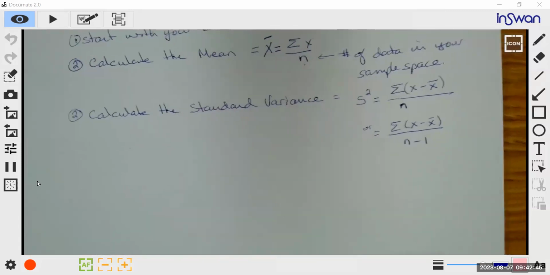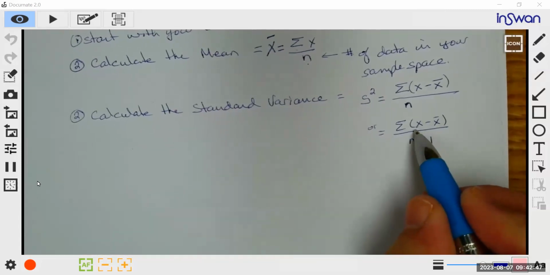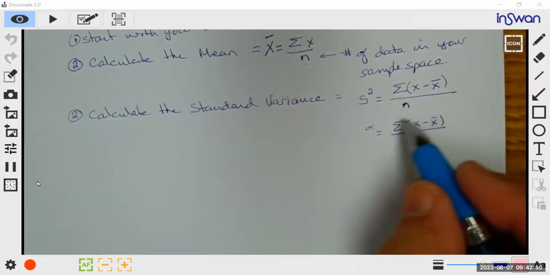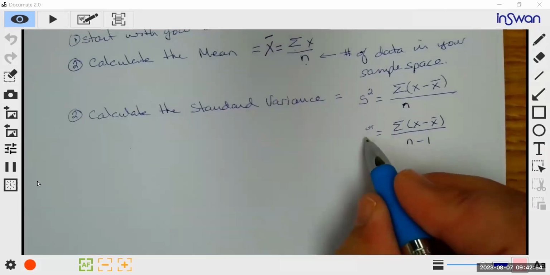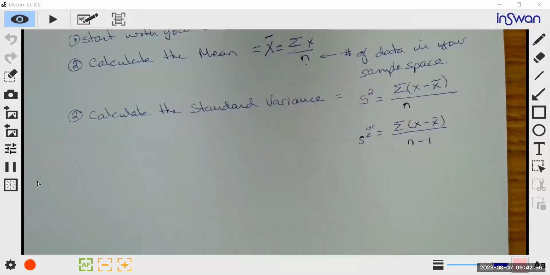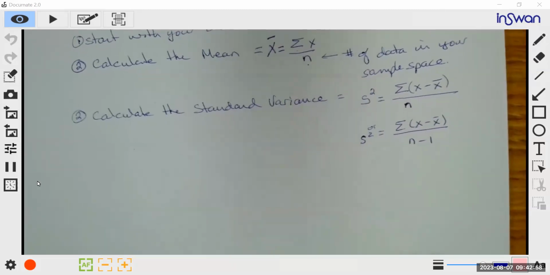Here's a cool thing about it. If you add up all these data points and you add them together, what should you equal?